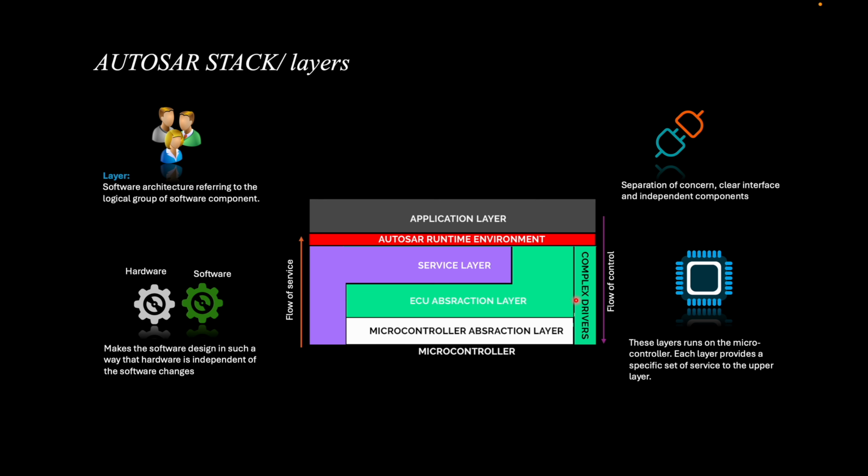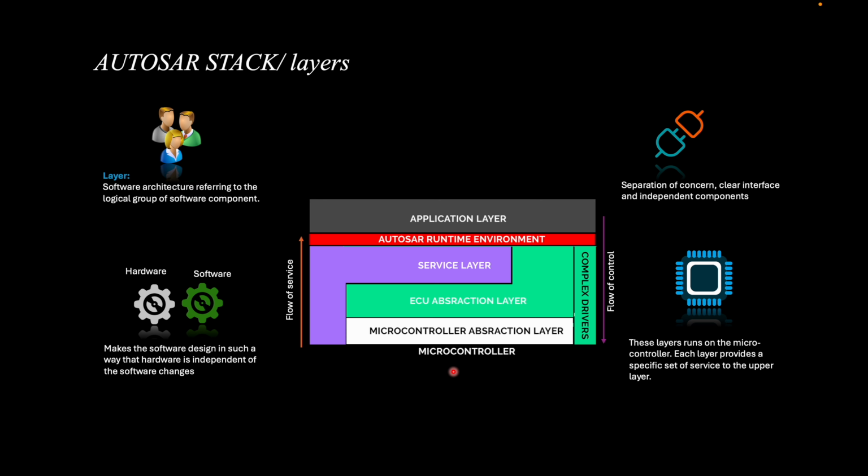Along with that, if you are dealing with a safety critical application, then you need a quick response from your system. That is only possible when you have a shorter path. So it is directly connected to the application layer with the help of the microcontroller and RTE layer, so the response time over here will be very quick.